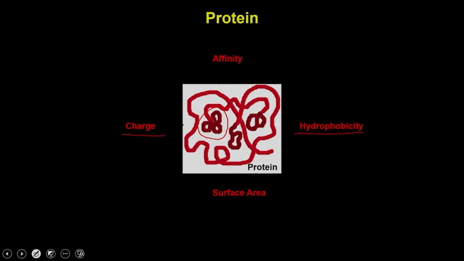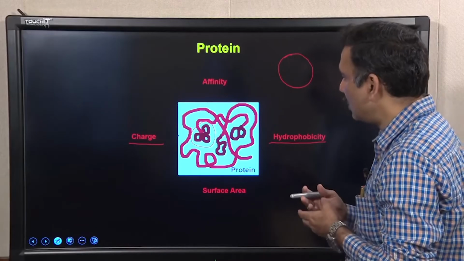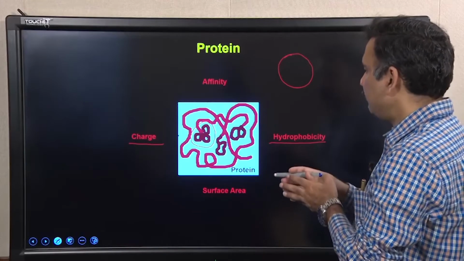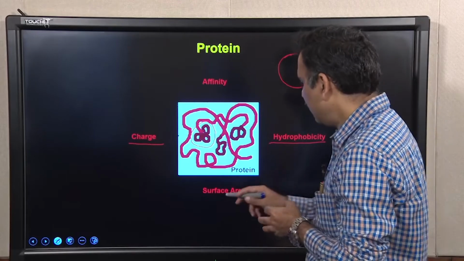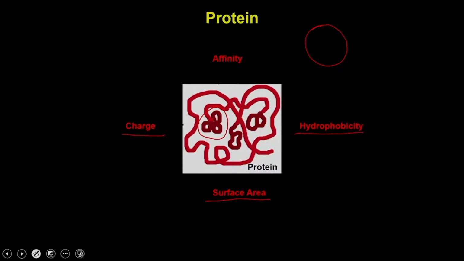Apart from that, the protein maintains a 3-dimensional conformation, forming small ball-like structures. These have a definite surface area, corresponding to the length of the amino acid chain or, indirectly, to the molecular weight. That surface area is also a property which can be exploited in chromatography techniques.